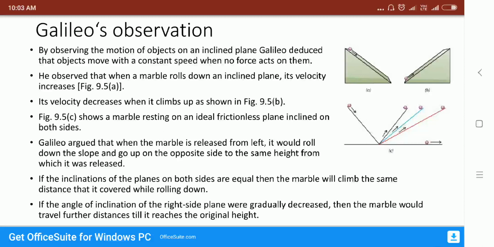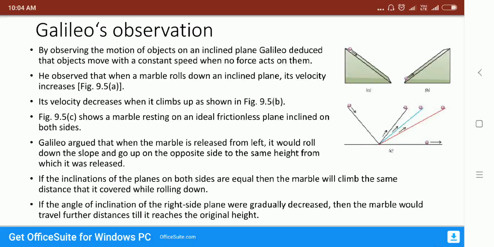From the top of the inclined surface, while the marble is moving towards the right, at the downward side, its velocity increases, as shown in figure A. But if the position of the inclined plane is reversed and the marble moves from left to right in an upward inclination direction, then the velocity of the marble decreases. Right? Two different surfaces are there.